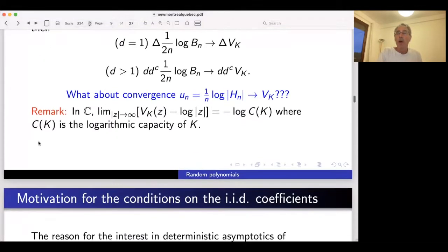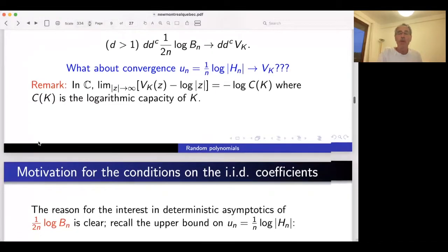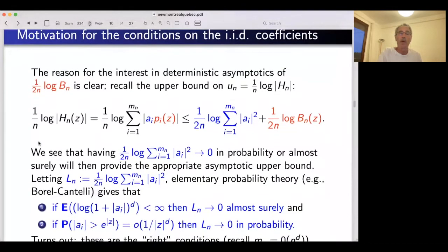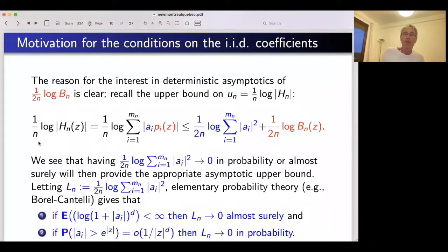Okay, so what about these coefficients, these IID coefficients, these things I called AJs before? Well, again, just to recap where we're going, we understand why we want to have deterministic asymptotics of this deterministic part 1 over 2n log bn because of this upper bound on our u sub n's.